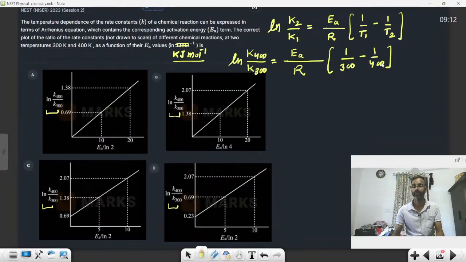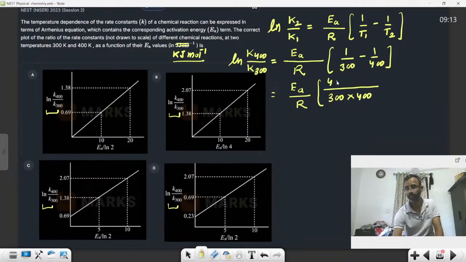So it becomes EA by R into 400 minus 300 divided by 300 into 400, that is EA upon R into 100 divided by 300 into 400. Means 2 0 cancel.